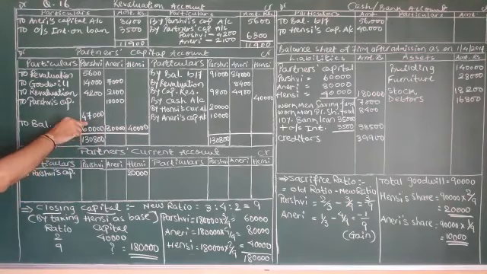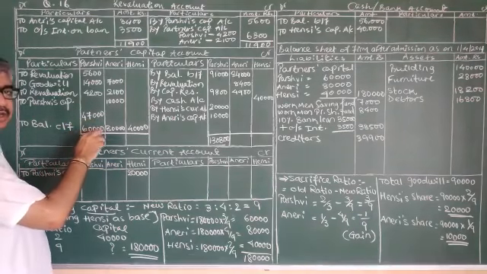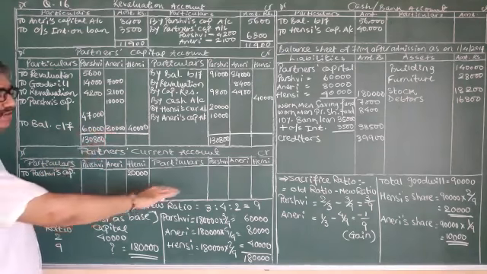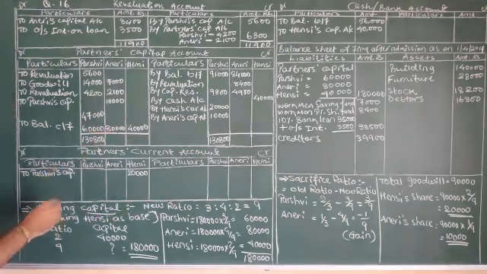This is to be transferred to current account. What they say, to maintain this capital, necessary adjustment is to be made in current account.